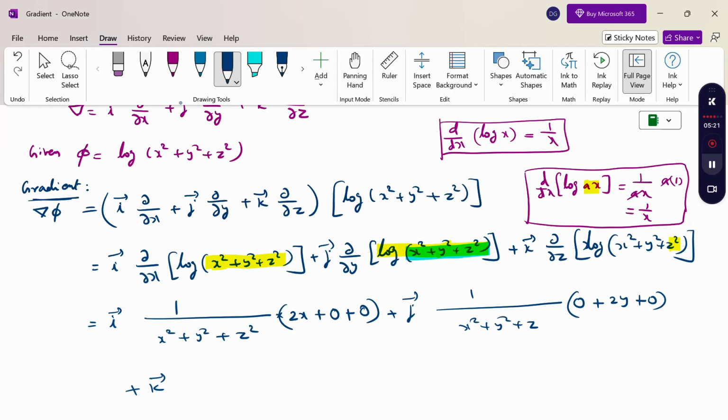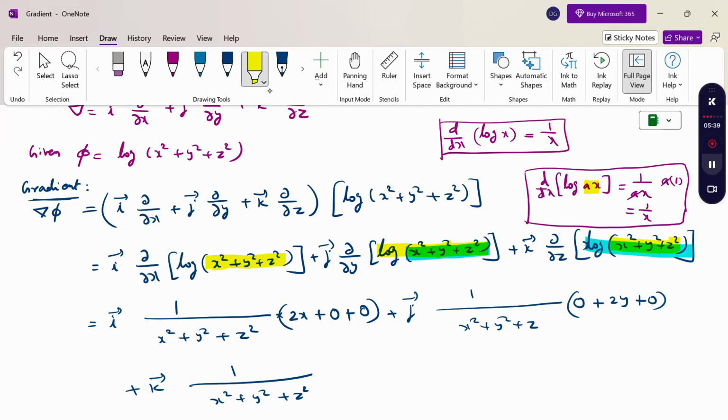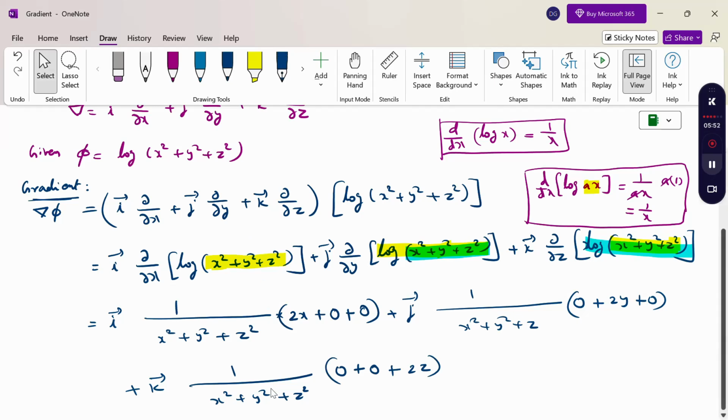Plus k vector. Again the entire term derivative of log gives 1 by (x square plus y square plus z square), and the variable differentiation is only this part: x square is constant, so 0, plus y square is constant, so 0, plus 2z.